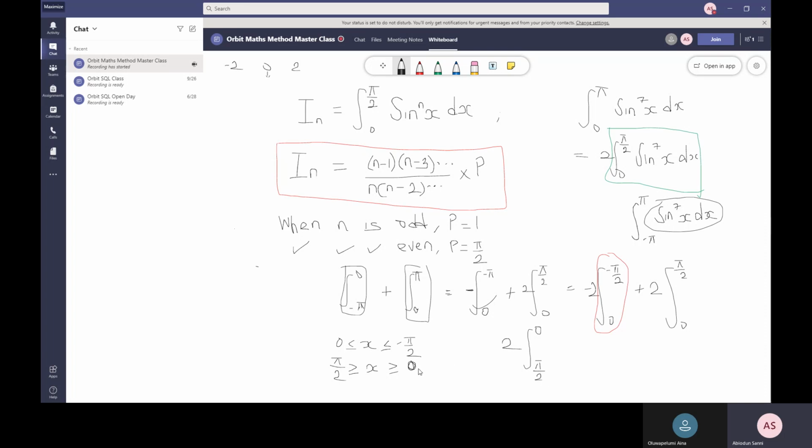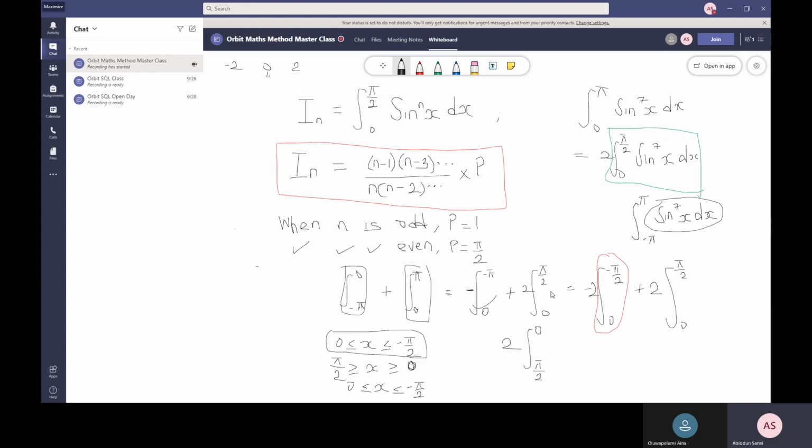So this one actually means 0 less or equal to x less or equal to minus pi over 2. Don't mind this guy, it might look stupid, and it is actually stupid, because 0 is never less than minus pi over 2. But let's just forget about that part.